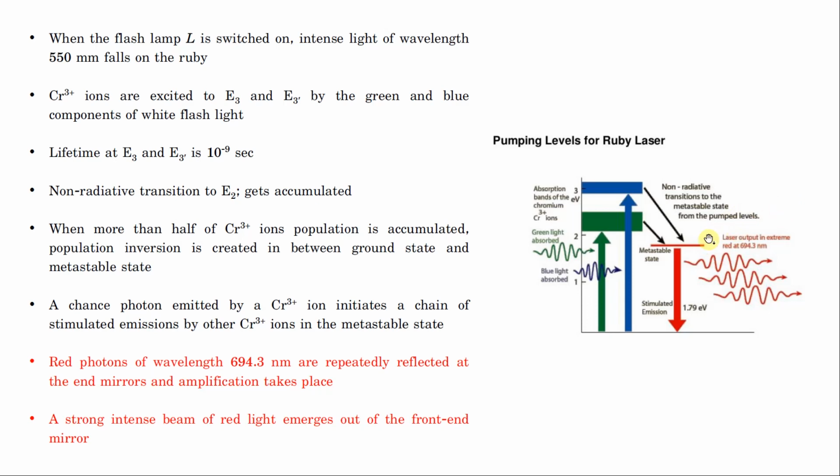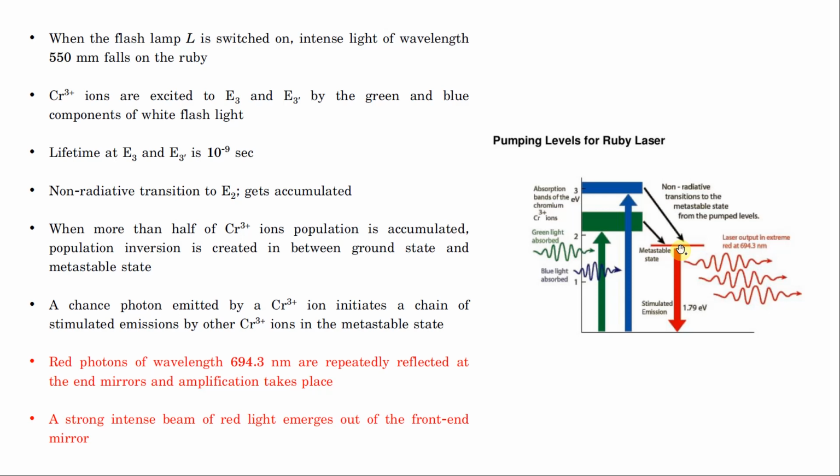This keeps on happening: the excited ions keep coming down to the metastable state, and when more than half of the chromium ion population gets accumulated here, population inversion occurs between the metastable state and the ground state. That means the number of ions at the metastable state becomes higher than that in the ground state. So we get the population inversion.